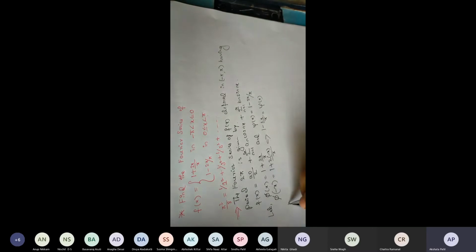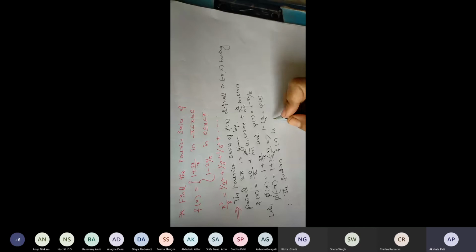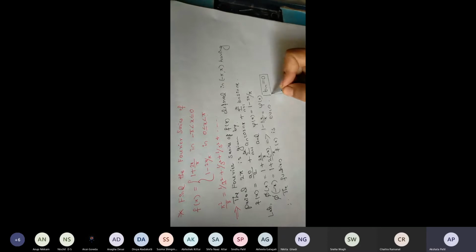It means here the function f of x, which equals psi of x, you are getting, means the function f of x is an even function. Even means what should we say here? Definitely the bn term equals 0. And what about the a naught and an terms?